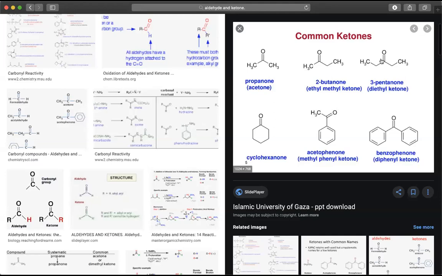Is that not carbon number 3? 1, 2, 3. Oh yeah, sorry. It's on carbon number 3.